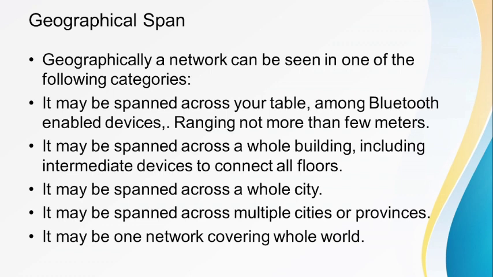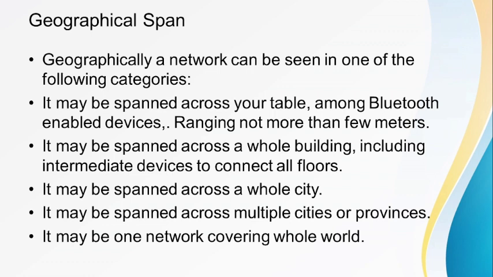Geographically, a network can be seen in one of the following categories. A network may span across your table, that is, among Bluetooth-enabled devices, for example, your laptop or your phone or your speakers, and this ranges not more than a few meters. A network may be spanned across a whole building. This may include intermediate devices to connect all floors, like routers and switches.